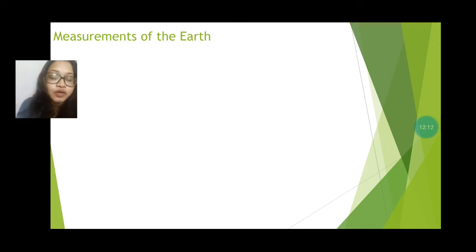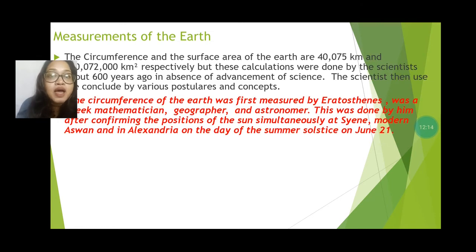Now we will discuss the measurement of the earth. The earth's circumference and surface we have already discussed, but the circumference of the earth was first measured by Eratosthenes, who was a Greek mathematician, geographer and astronomer.